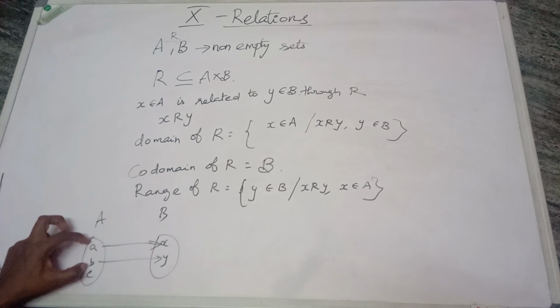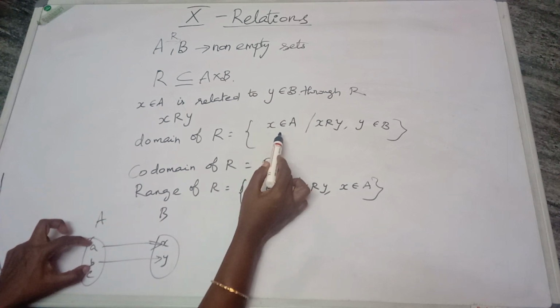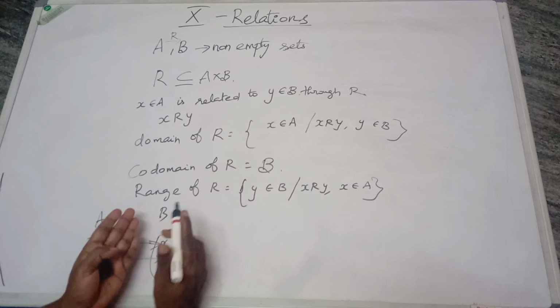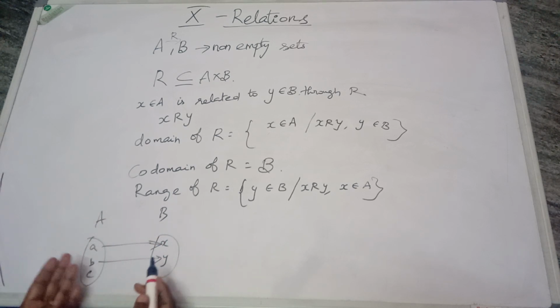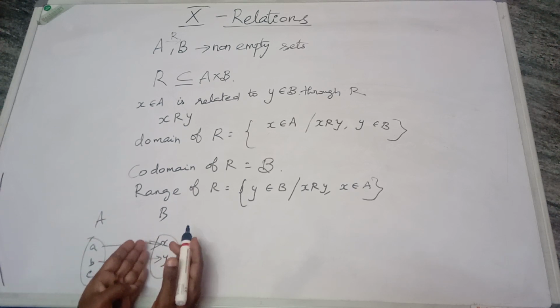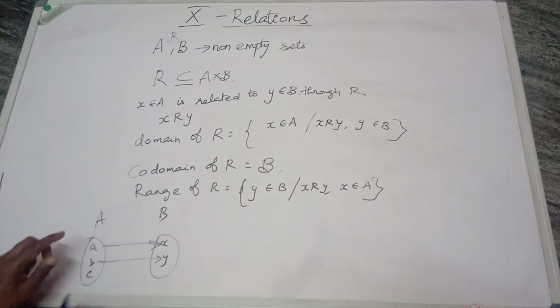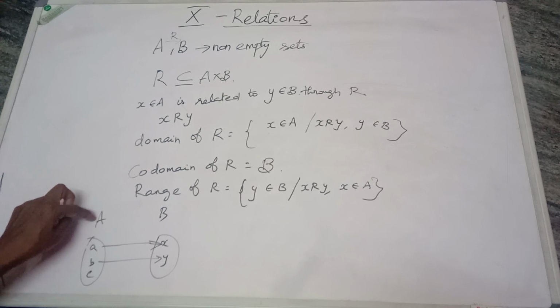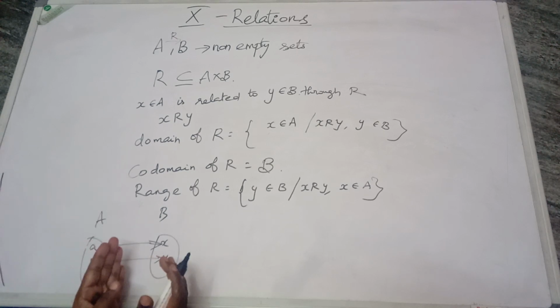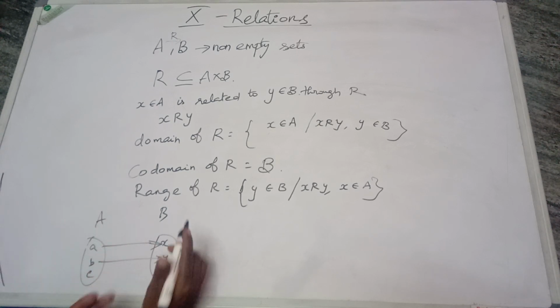The codomain is the full second set. Range is the elements in B which have a relation with elements in the first set. A collection of such elements is called the range.